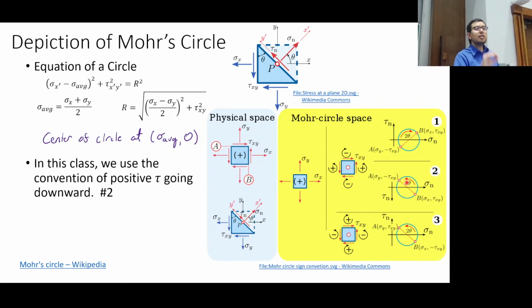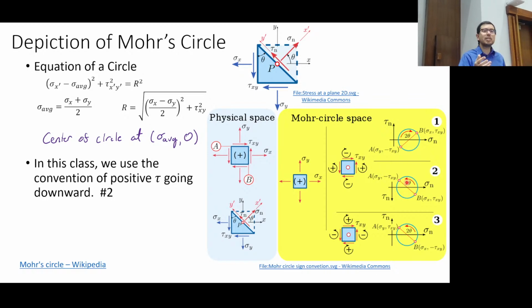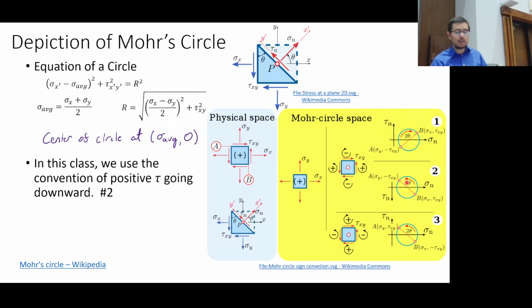When you're talking to other people, they may draw a Mohr circle in the opposite orientation, or follow some other convention. If they stick to their convention, and we stick to ours, we will get the same answers. It's just like beam bending, the V's and the M's. If you start to mix up the conventions, then we start to have issues.